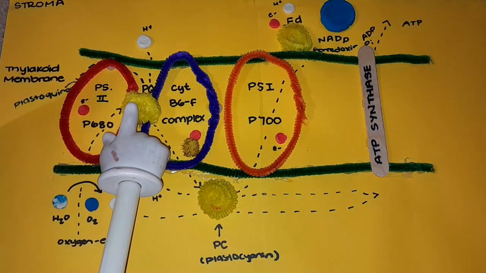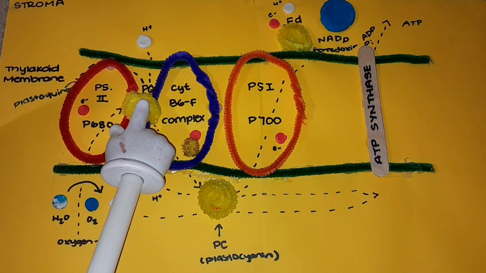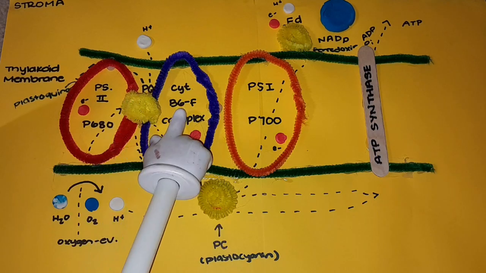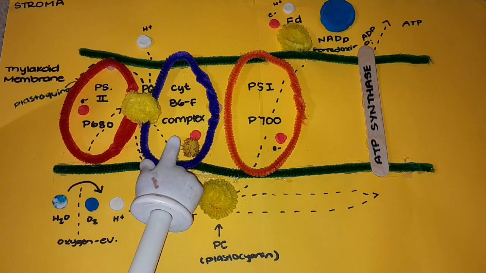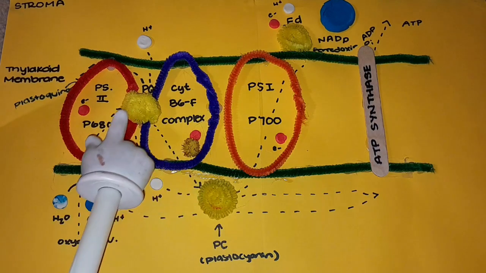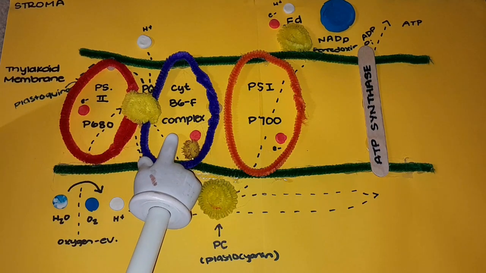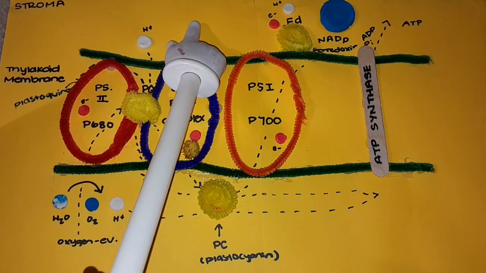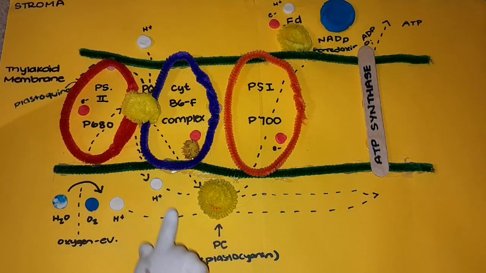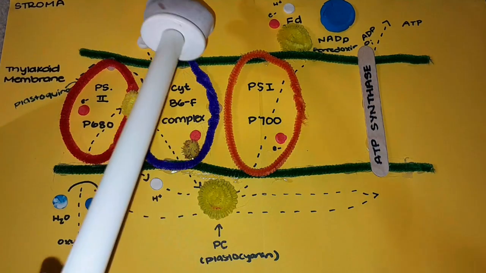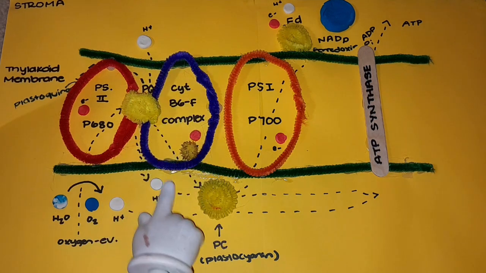Then PQ is going to carry those electrons into the cytochrome b6f complex right next door, and as the electrons pass through that complex, it pumps protons from the stroma, that is from the outside of the thylakoid, into the lumen, the inside of the inner thylakoid space. So it's going to go from here all the way over here.